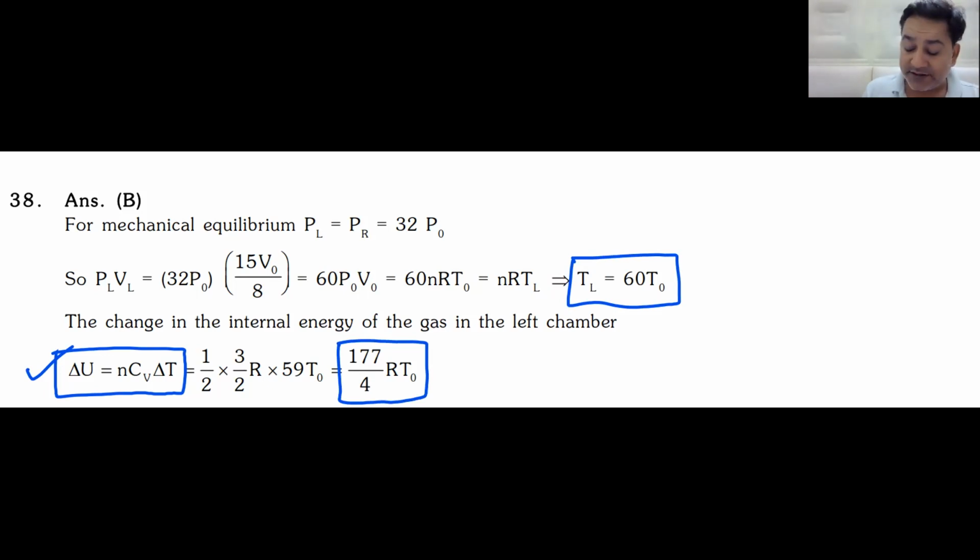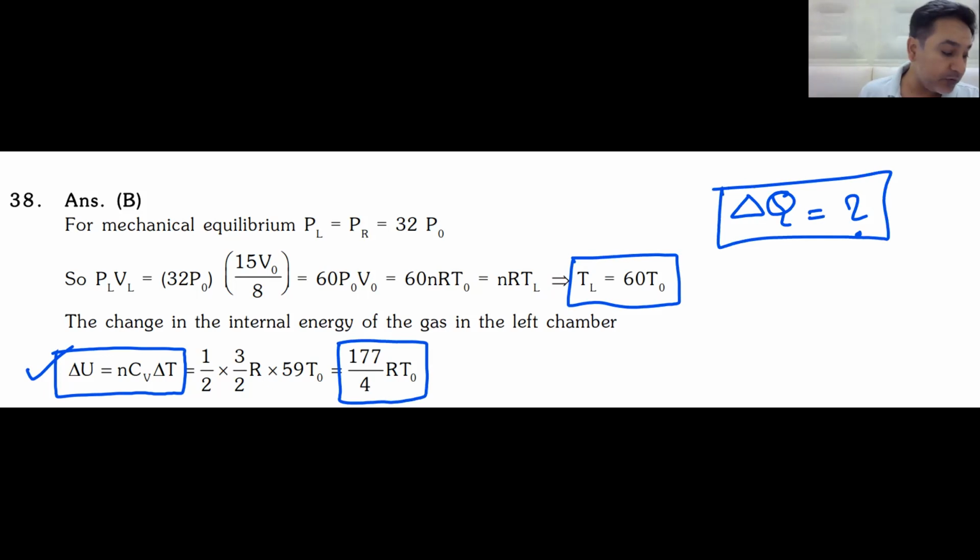Clear. There could be a variation of this question where they also ask you what is the heat absorbed or heat given by the coil that you had put. How will you get that? That question is not asked here, but it could have been a different question. They could have asked you how much heat is given.